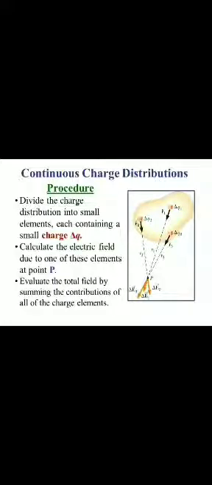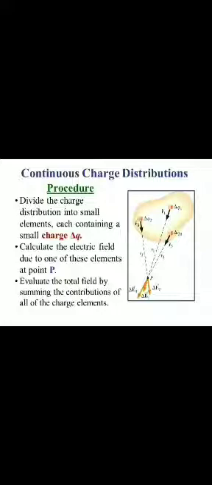The next step is to calculate the electric field due to one of these elements at any external point P. You can refer to the figure. We are calculating the electric field due to delta Q1 charge at the external point P. The third step is to evaluate the total field by summing the contributions of all the charge elements.